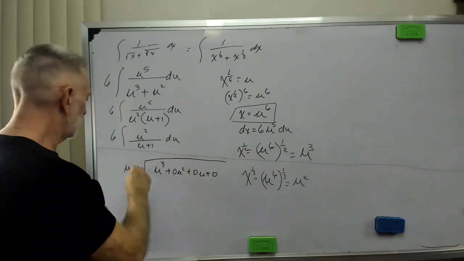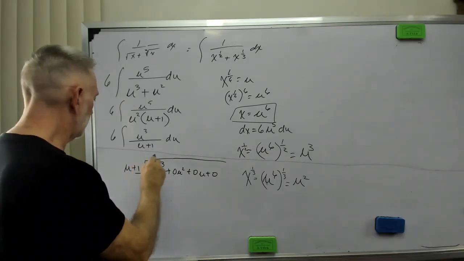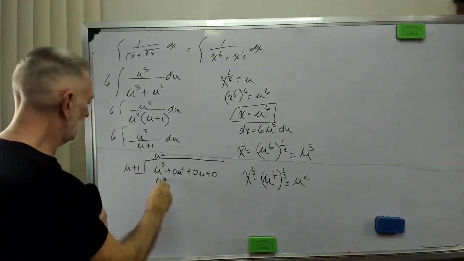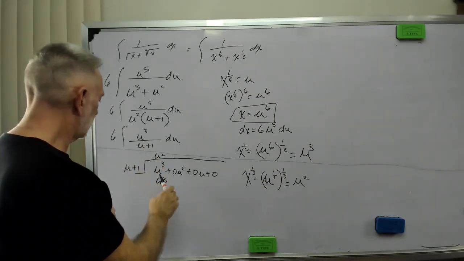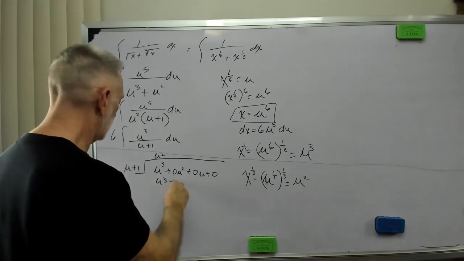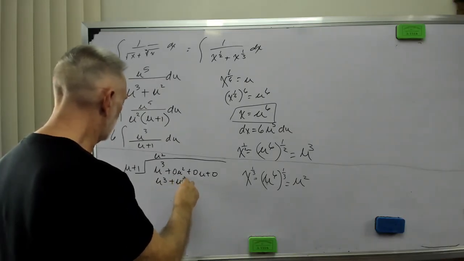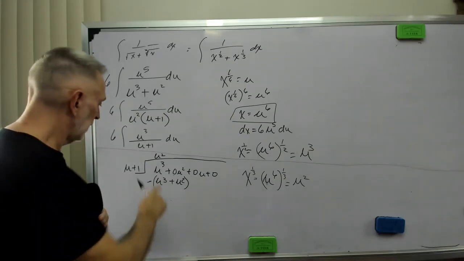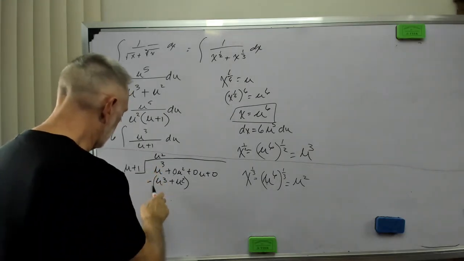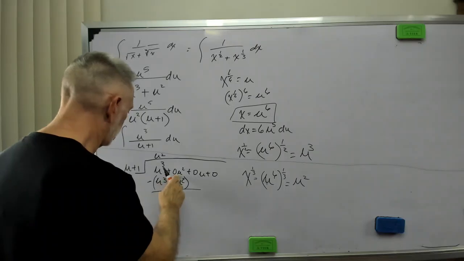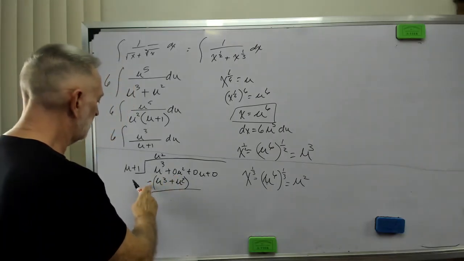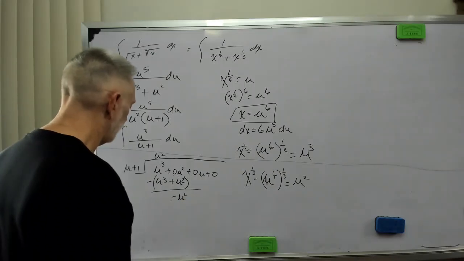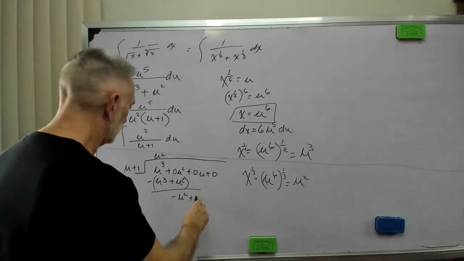What u cubed divided by u, u squared times u would give me u cubed. u squared times 1 would give me a positive u squared. Put parentheses around that because we're subtracting. u cubed minus u cubed gives me 0. 0 u squared minus u squared gives me a negative u squared. Bring down the 0 u.